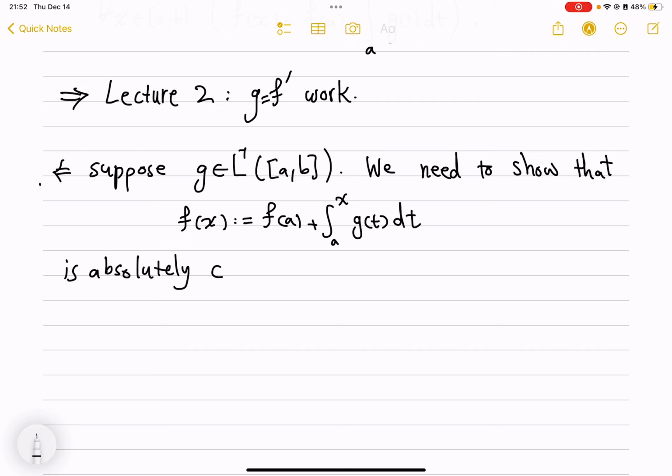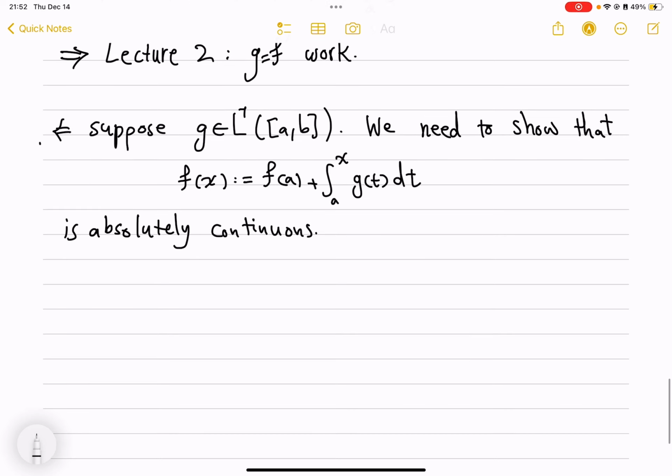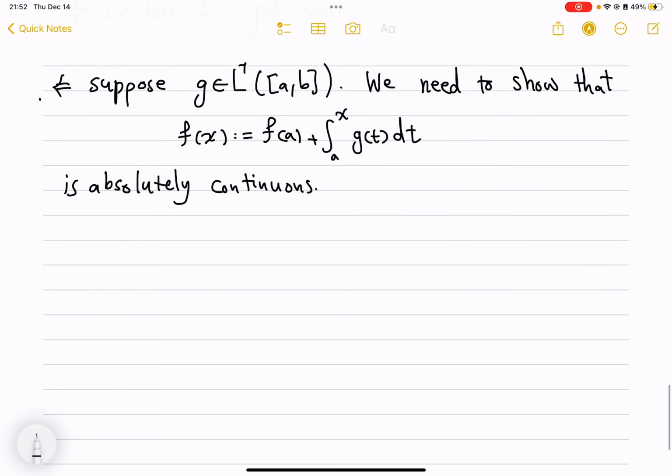The proof of this follows from what is known as absolute continuity of the integral. Integration is an absolutely continuous operation in the following sense.